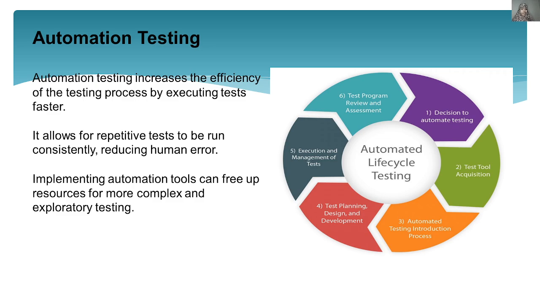Automation testing increases the efficiency of the testing process by executing the tests faster and faster as possible. Then comes execution and management of test, and program review and assessment. These are the 6 automated lifecycle testing steps.